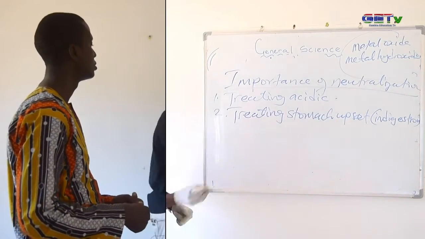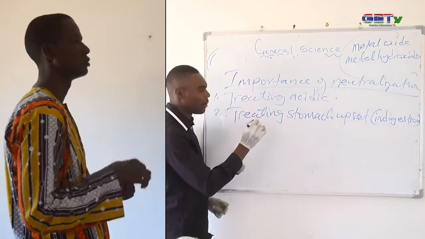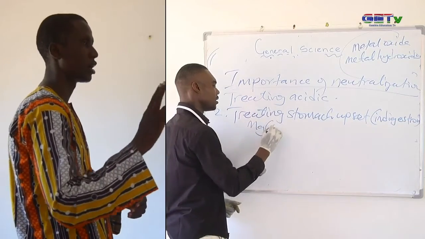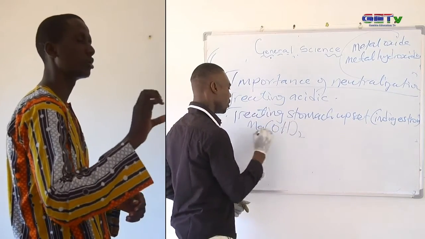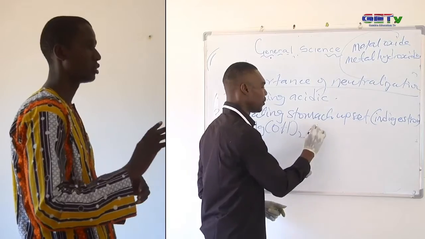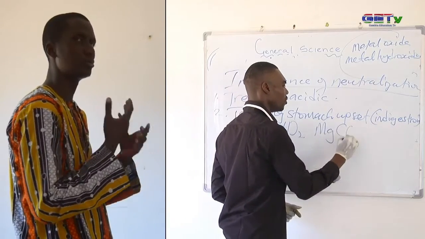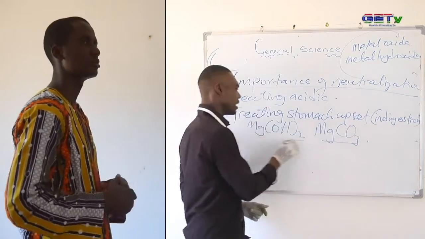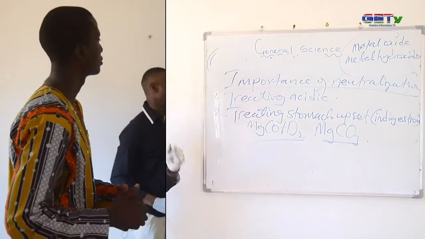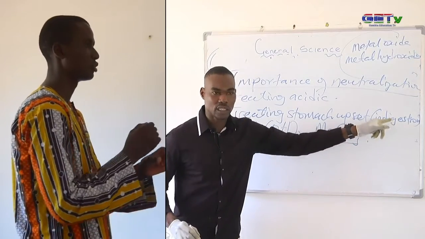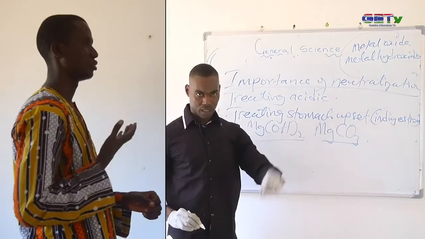The tablets used for this purpose are magnesium hydroxide, Mg(OH)2, or magnesium carbonate, MgCO3. All these are anti-acid tablets used to cure or treat stomach upset called indigestion.